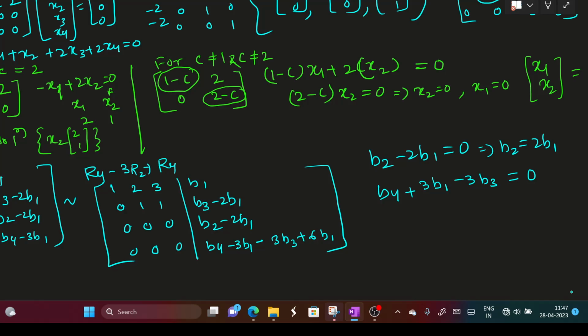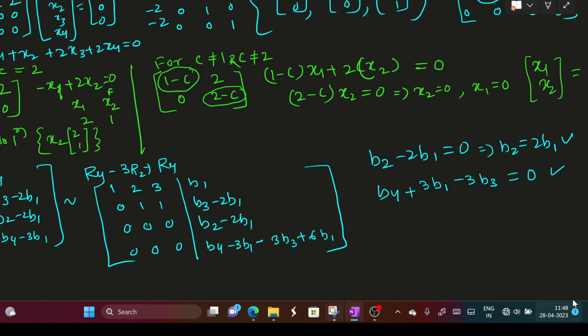So these two relations will give us the conditions. Whenever these two conditions are satisfied, the system has a solution.